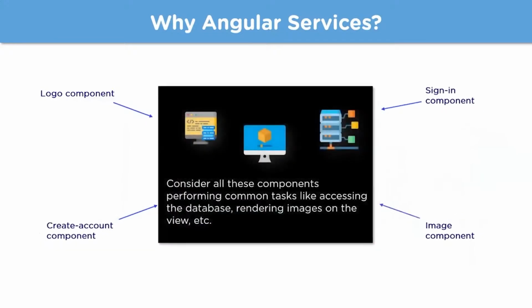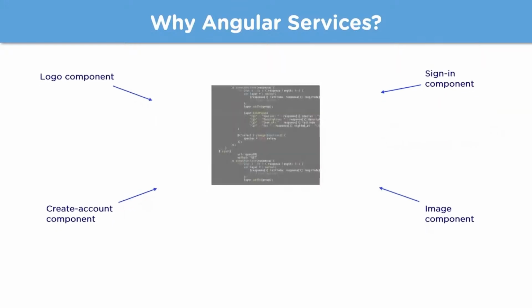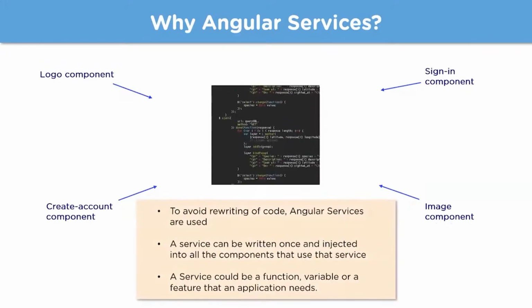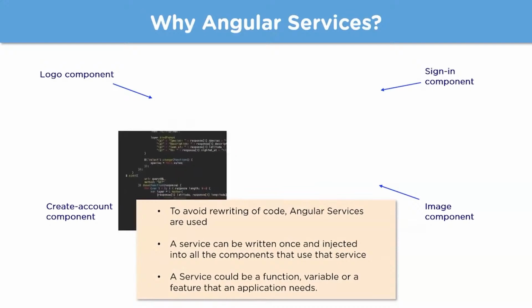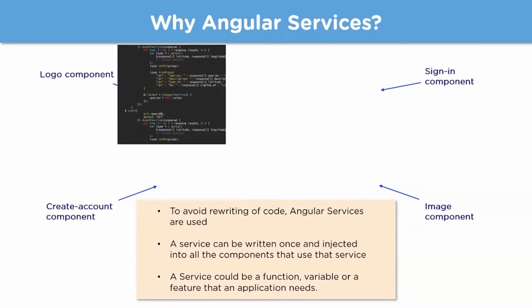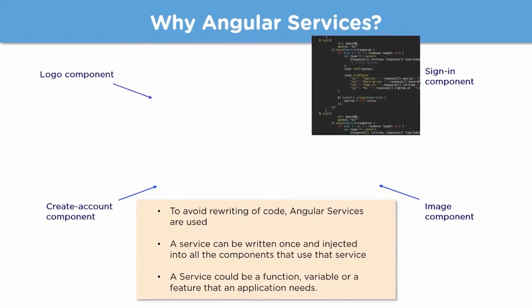Now imagine if all of these components performed common tasks, for example, accessing the database or rendering images on the view, tasks like those. Now instead of having to write the code for every component, you can just make use of Angular services.